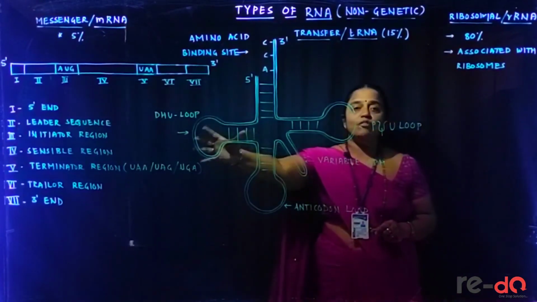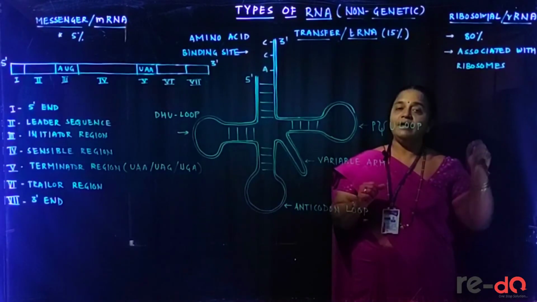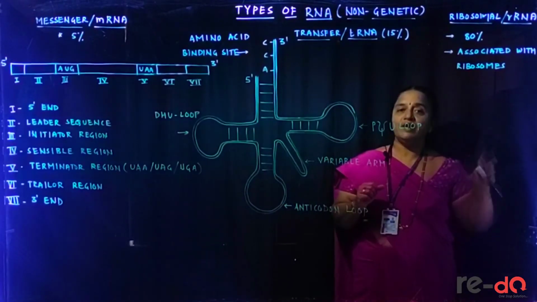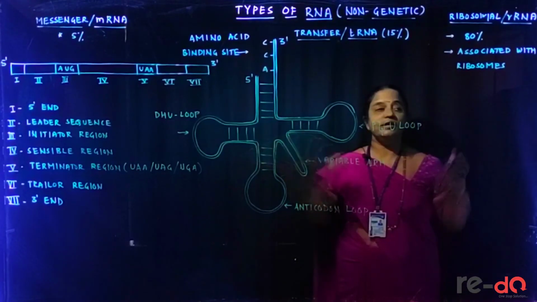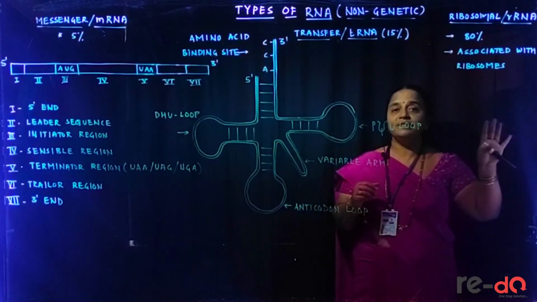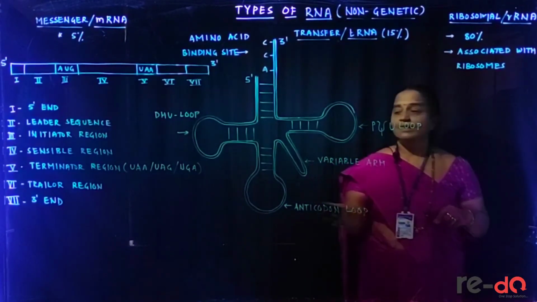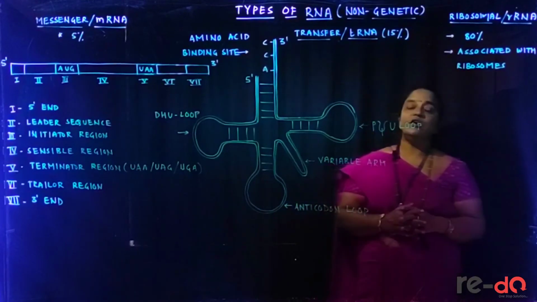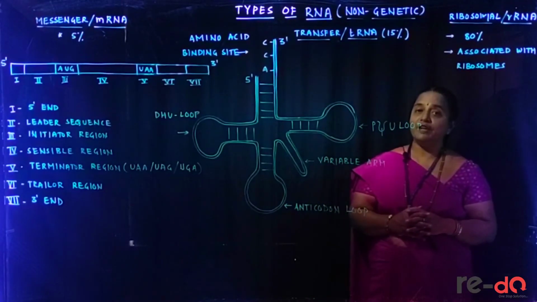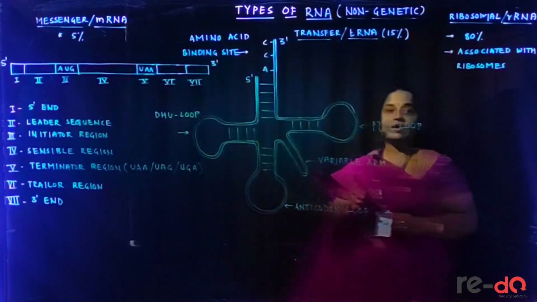Now what will this loop do? It will help in activating the required amino acid. So how will it come to know that this is the amino acid necessary for protein synthesis now? It depends on the activity of the anticodon loop. Here more than 200 nucleotides are available. Out of them, 3 will recognize the triplet codon on mRNA.